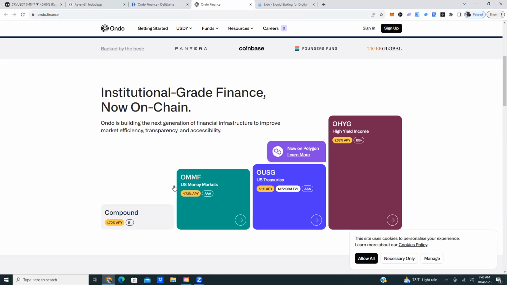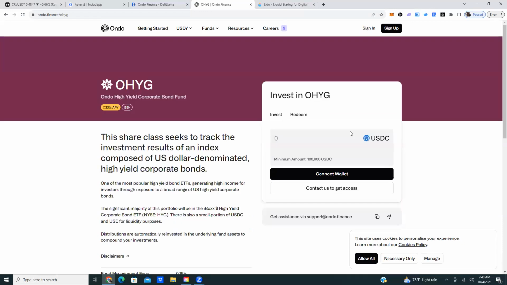They have Compound, they have OMF, which is US money markets. They have the US Treasuries yielding 5.1%, and the high yield income, which is yielding 7.33%. Let's take a look at that.